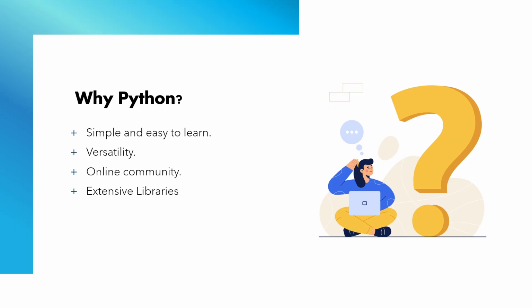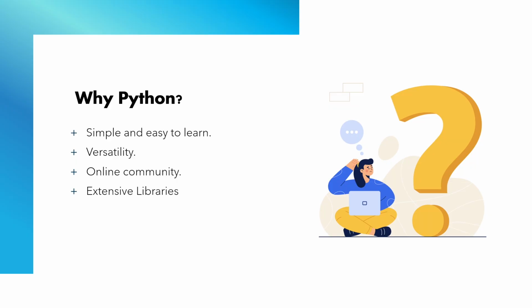Python is also versatile, and Python has a very huge online community. And this has to do with the fact that so many people are using Python. Python is quite popular in the software development industry. As a matter of fact, it is virtually impossible for you to find any topic on Python that somebody has not treated before, either in form of a blog post or a YouTube tutorial.